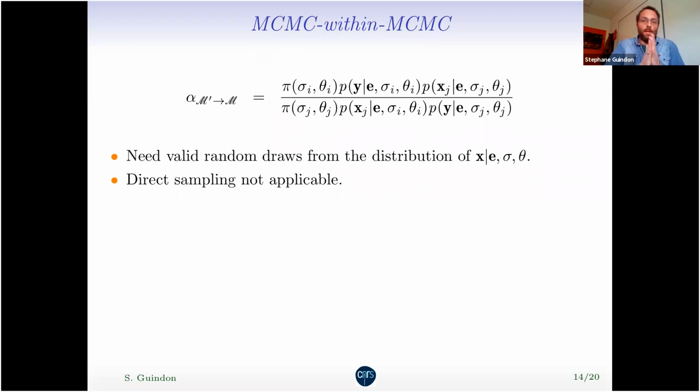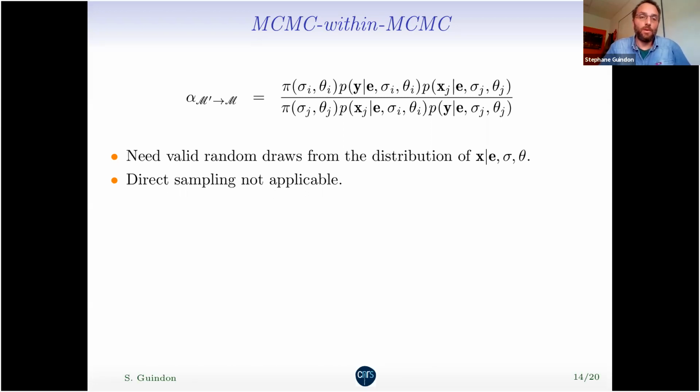Now, the last issue we need to deal with here has to do with those pseudo random variables, because the problem here is that we don't know how to obtain direct random draws from the corresponding distributions for those pseudo trees and locations.